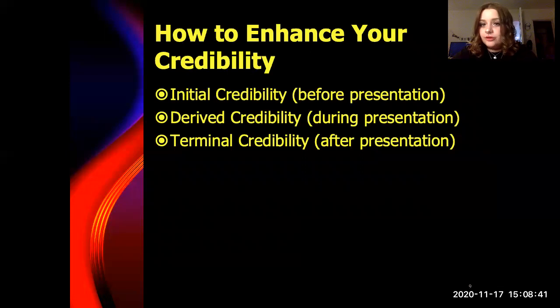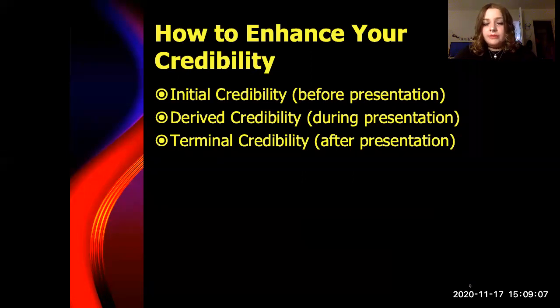So there's the initial credibility, which will be before the presentation. And that can be whether you're going around and talking to people in the audience about things, or this could even be how you look. I do hate professionalism, but everyone is going. Society has taught us that people who dress up are more deserving of our trust. It can even be the way you build it up in the introduction.